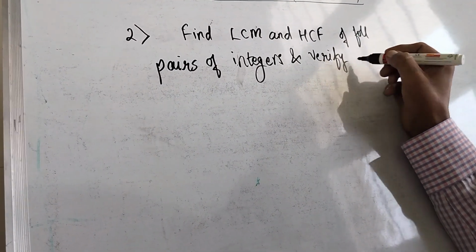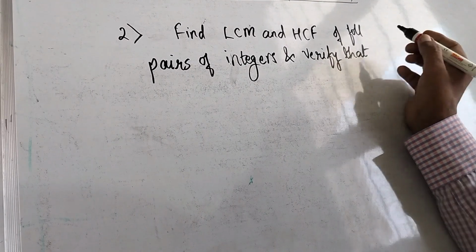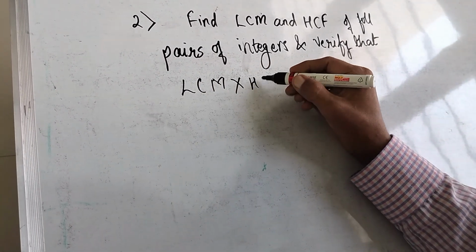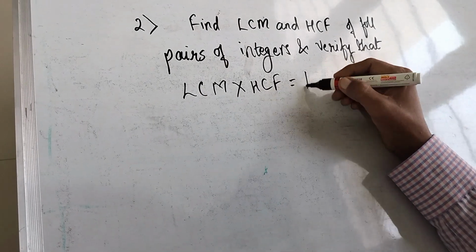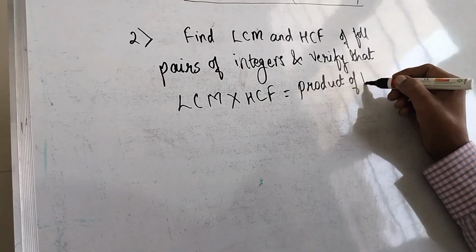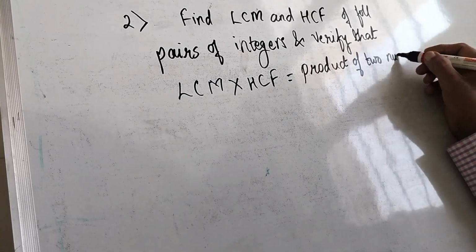Here one more thing is given. What we have to do? Verify that LCM into HCF of the given numbers is equal to the product of the two integers or the product of the two numbers.